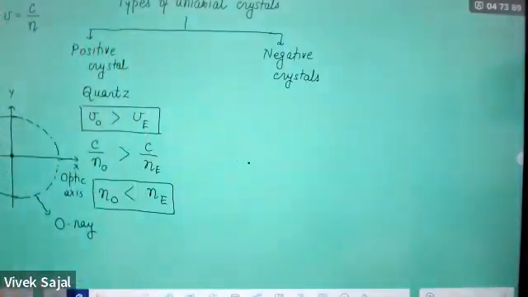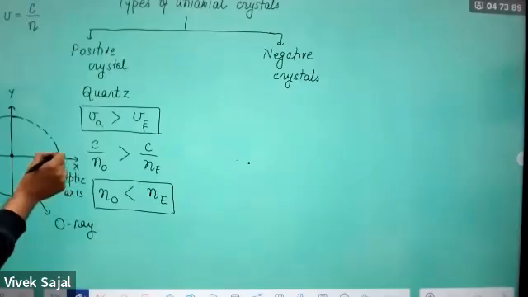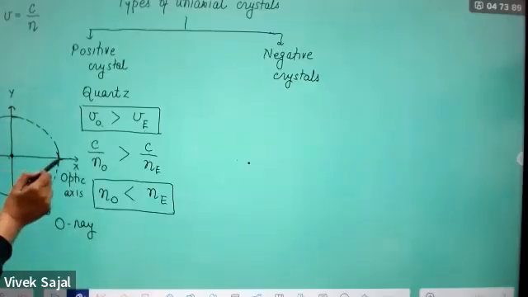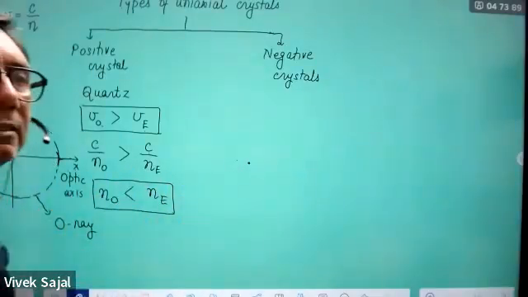So try to understand the wavefronts of ordinary light and extraordinary light. They are going to touch each other along the optic axis. Along the optic axis, both the O ray and E ray travel with the same speed, so both wavefronts touch because they travel equal distances in equal time.